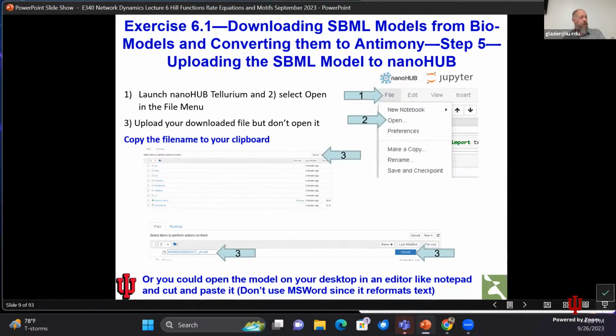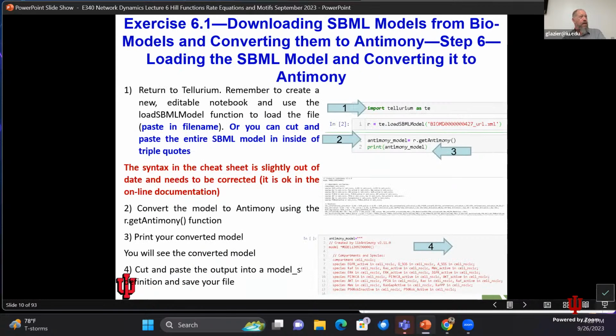So Notepad or something like that. And then you can use Tellurium, load SBML model, and then either the file name in single quotes, or you can actually load the model string. You can just put in triple quotes and load the model string.